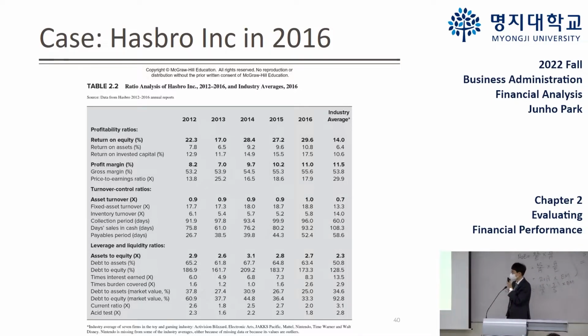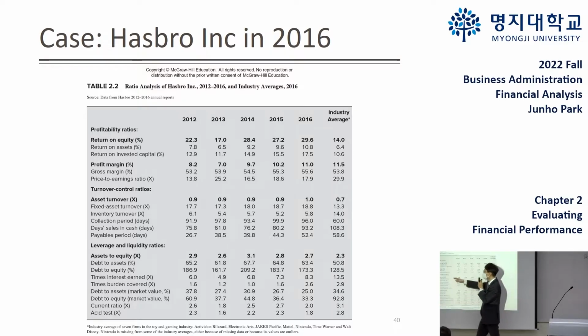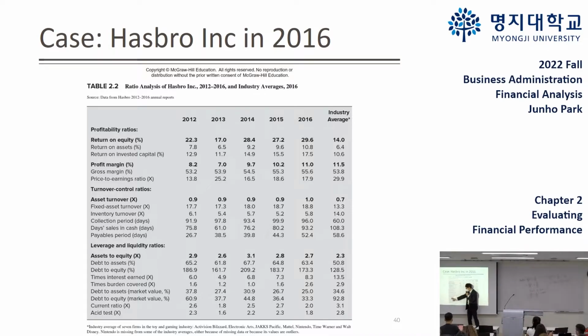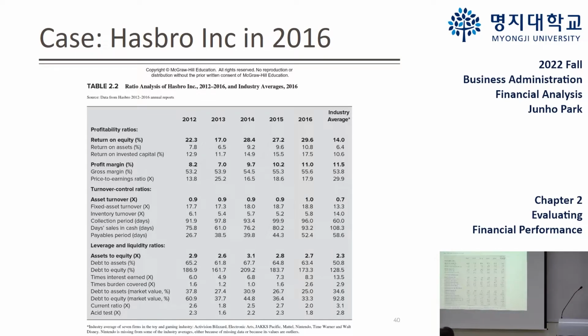And we can find the financial ratios that we learned. For example, ROE, ROA, ROIC, profit margin, asset turnover. In here, assets to equity is basically what we call equity multiplier. And let's compare them.